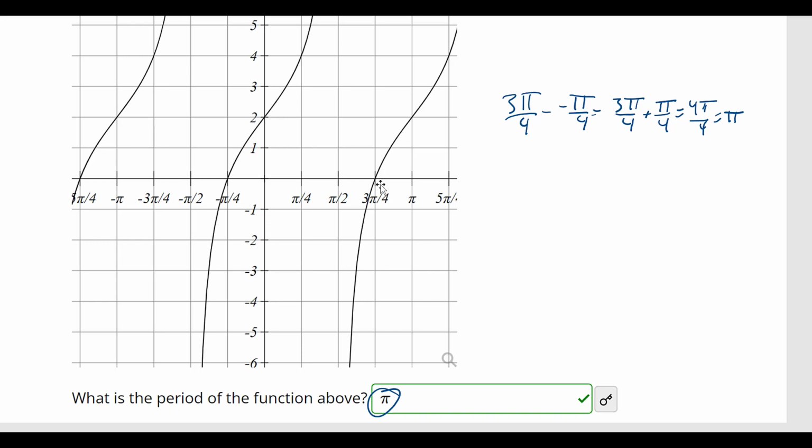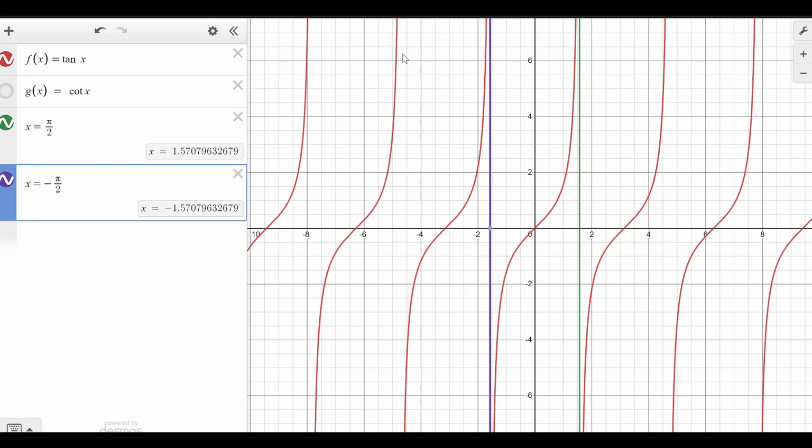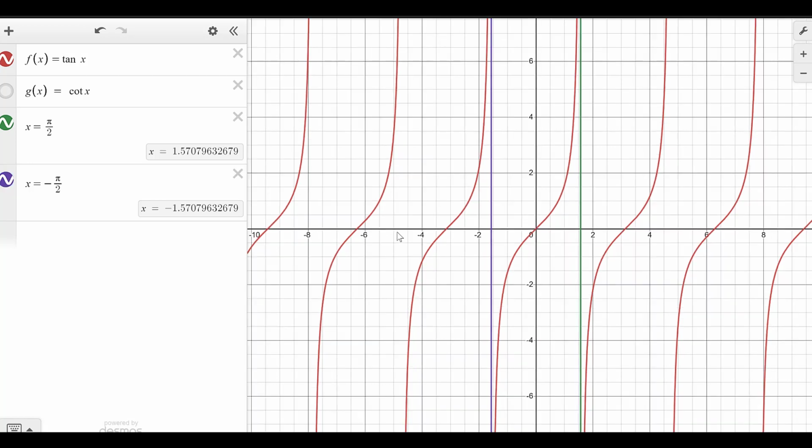Now, what is also important is to recognize in a graph like this some crossing points. Let me come back over here to Desmos for a tangent curve. This one is crossing along the x-axis, so y equals 0. I call that the crossing points, or just that central region of the graph.